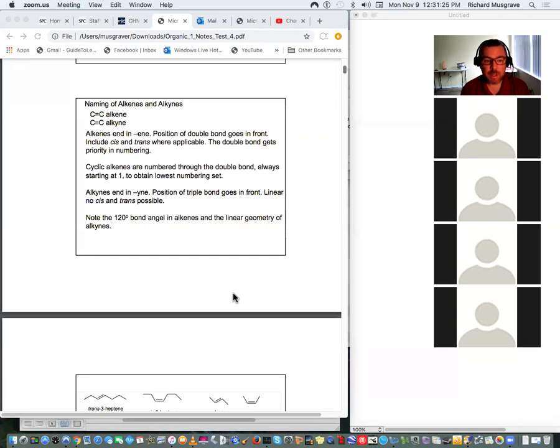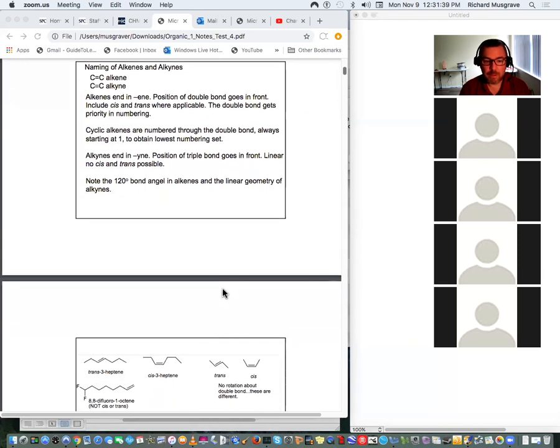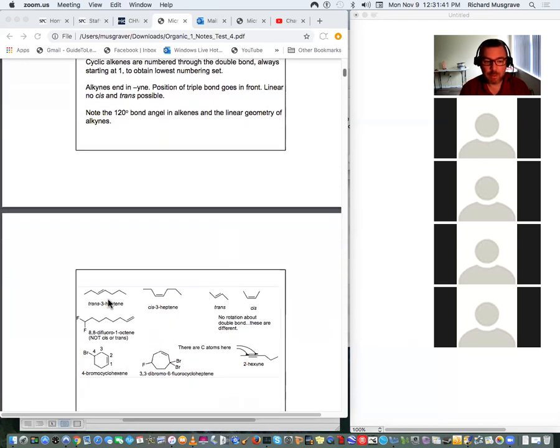And then you've got the alkynes, which end in -yne, and those are not cis or trans because they have 180-degree bond angles, so there's no way to draw them cis or trans. It's important when drawing alkenes to include something that looks akin to a 120-degree bond angle.